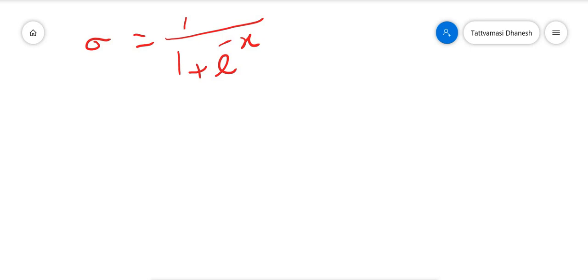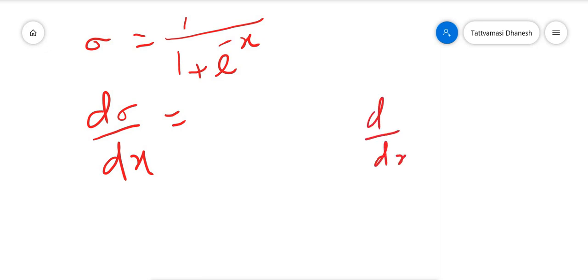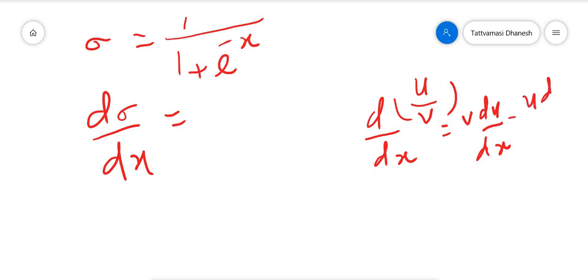So the derivative of this function is d sigma by dx, because x is the variable. Here it is a fraction, so I have to use the quotient rule. The quotient rule: d by dx of u by v is equal to v into du by dx minus u into dv by dx, by v square.